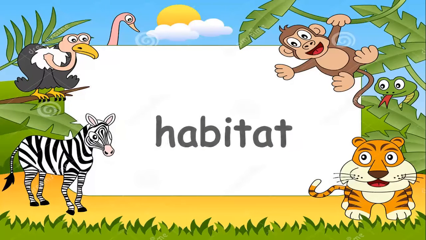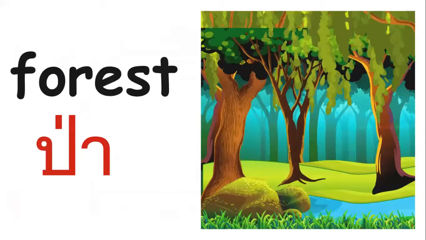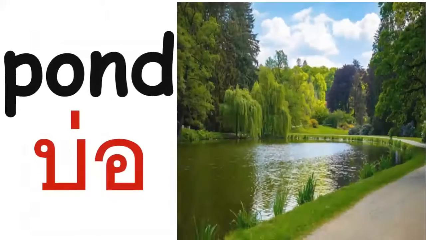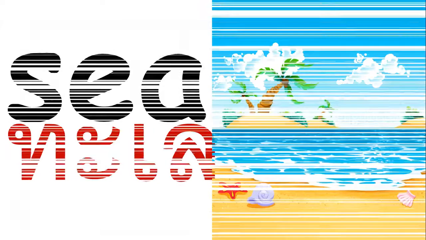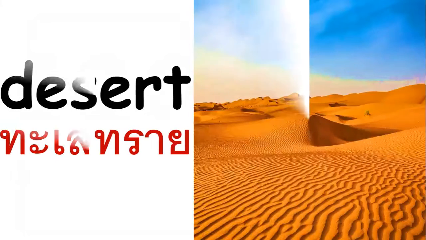All right, so habitat. Forest. Pond. Farm. Sea. Desert.